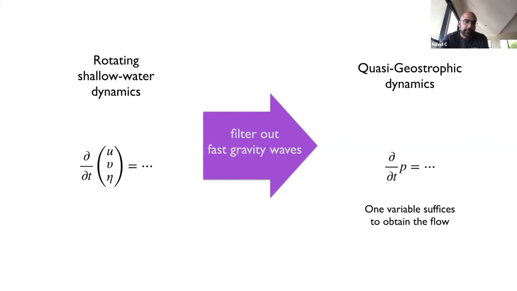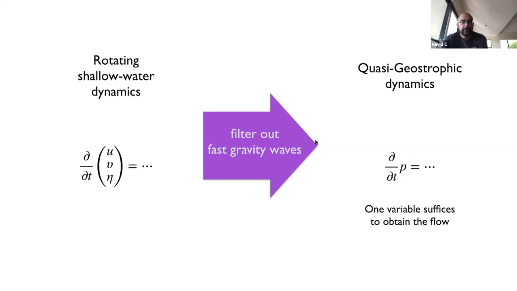But the gist of it is that you start from the rotating shallow water dynamics, which was a dynamical system that described the evolution of the u and v velocity and the free surface height. And in the end, you'll get a dynamical system for only one variable, which could be the pressure or the potential vorticity.